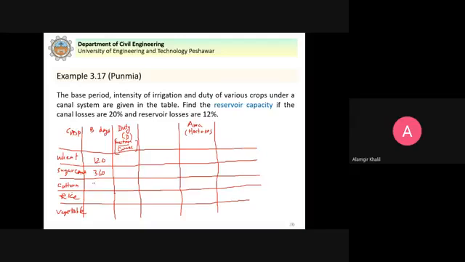Now cotton we have 200. The rice base period is 120. And for vegetable again we have 120. Now the duty, that is 1800 for wheat.